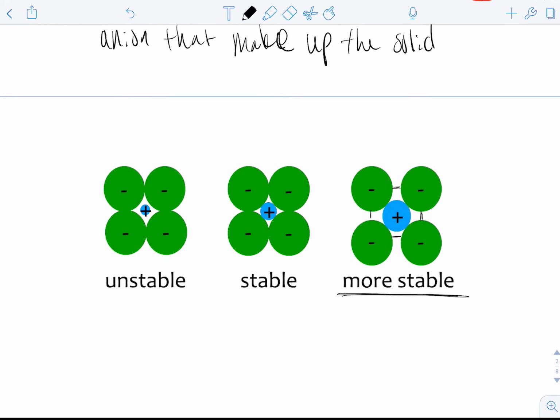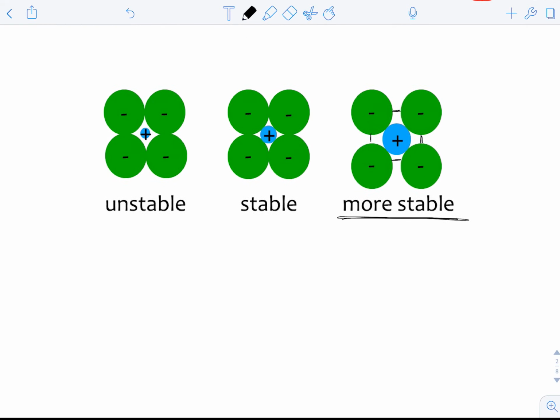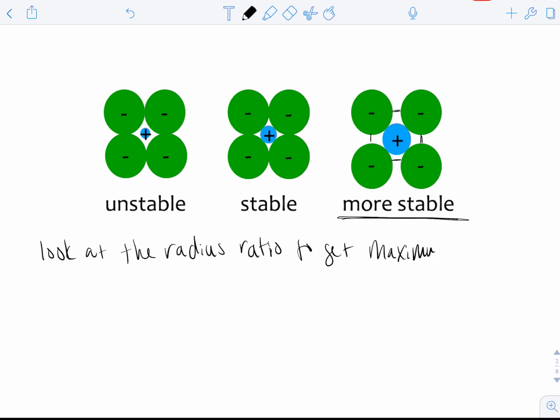So we're going to look at what's called a radius ratio. And this is how we can get maximum stability. So we're going to look at the ratio between the cation radius, and I'm going to call this radius ratio, we're going to call it RR.